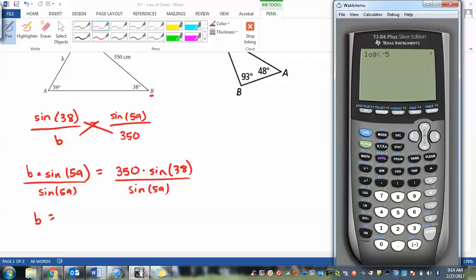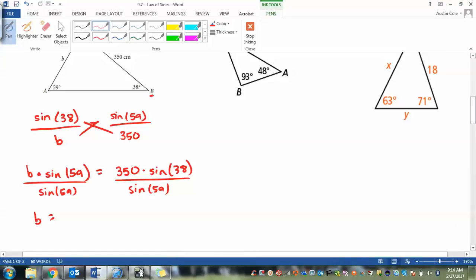So when I type this into my calculator, we want to do 350 times the sine of 38, hit enter, and then divide that by the sine of 59.